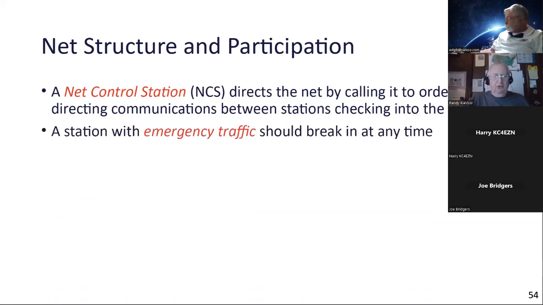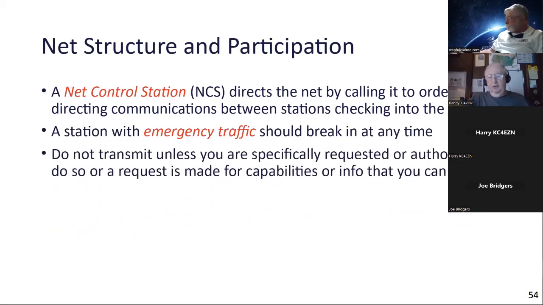A station with emergency traffic should break in at any time. In order to do this, if you do have an emergency and a net is going on, simple, say, I have emergency traffic. This is KI4VOW. But what you need to do is wait till they break in communications, okay? Because you don't want to double up and they may not hear you.